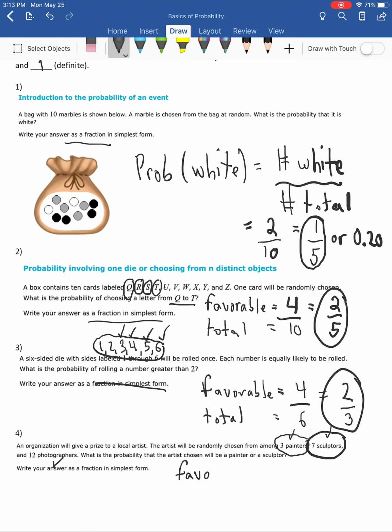So favorable is going to be the number of painters plus the number of sculptors, because it says painter or sculptor, so either one will work. Favorable is 10, and the total, okay, we have 3 painters, 7 sculptors, and 12 photographers. That's 22 total people. Okay, and again, we're given our answer as a fraction, so it's 10 over 22, which when we simplify is 5 over 11.